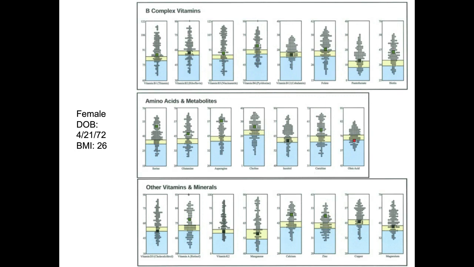As I mentioned earlier, homocysteine is a concern for cardiovascular health. In this case, this person has a B12 that's borderline, a B2 that's borderline, and of course a vitamin D that's borderline, and magnesium and copper borderline.